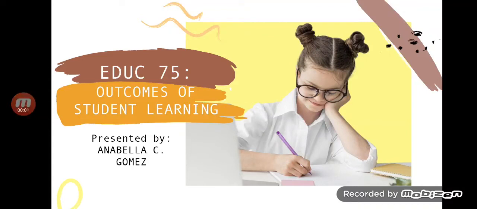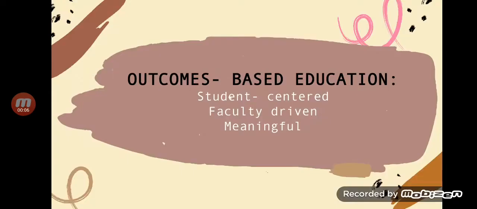Okay, let us discuss more about the outcomes of student learning. OBE has three important characteristics. These are student-centered, second, faculty-driven, and lastly is meaningful.